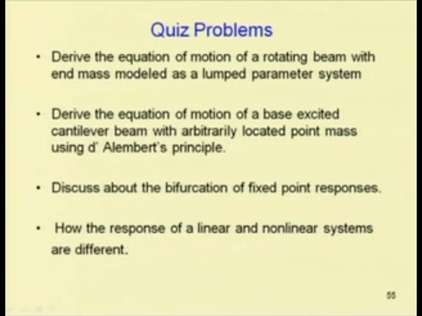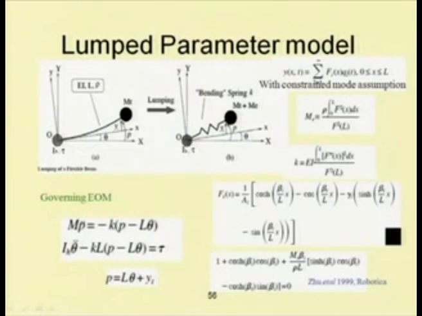So, for the first one you may refer to this system. You can model the bending of the system like a bending spring, and for this mass you can take the mass of this part, the tip mass, plus the elastic mass.